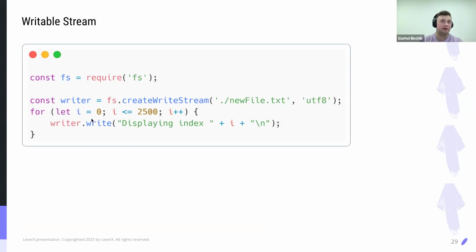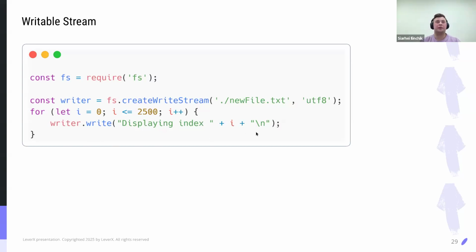Then we have the writable stream. For a writable stream, it's pretty easy because we are just creating the write stream from the file system as we did with the read stream. But the difference is we do not listen to the data event because we cannot receive any chunks here. Instead, we only write to the write stream. As you can see, here we're writing each index on a new line.